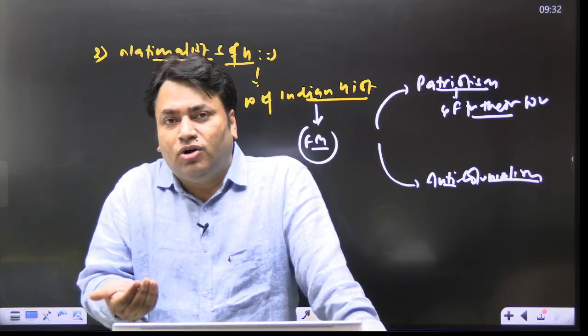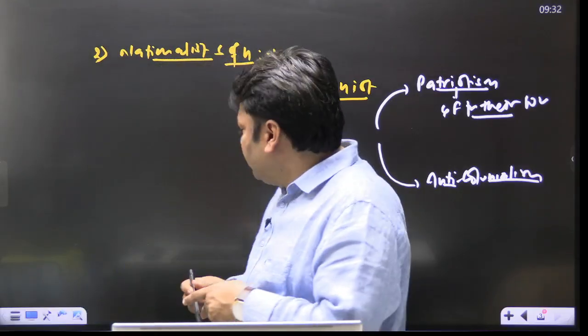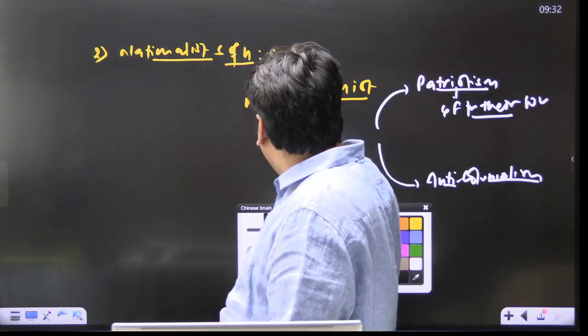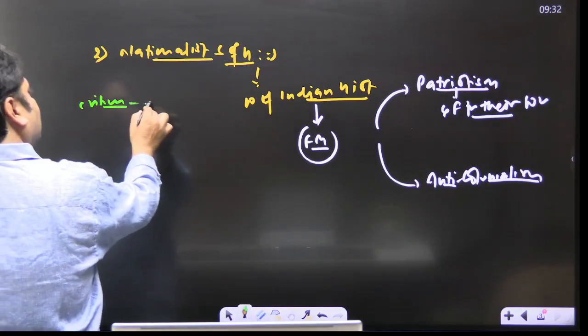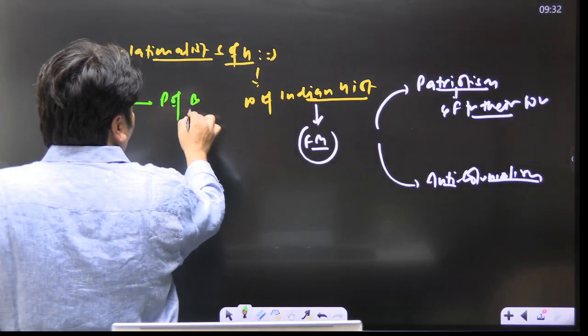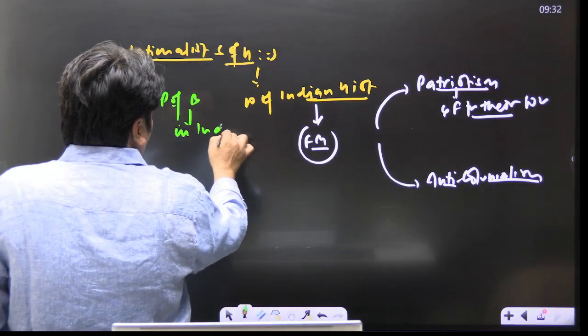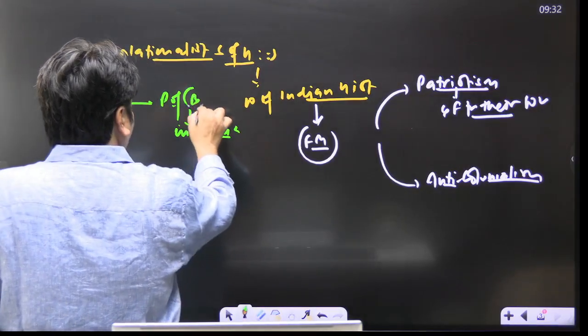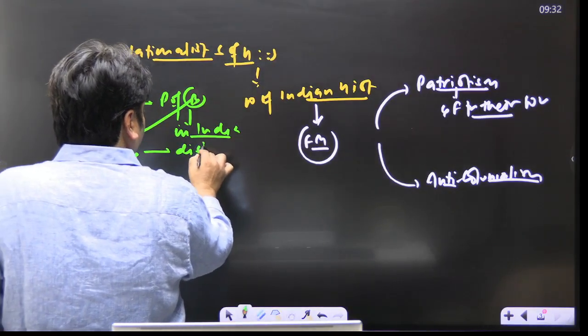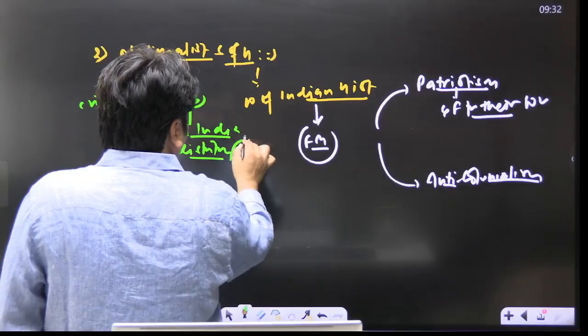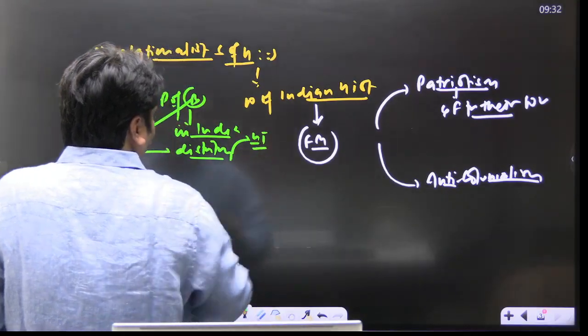For example, in the context of India, since India was a British colony, nationalist historians will criticize the presence of the British in India. They will say that the British are also distorting the historical traditions of the past.